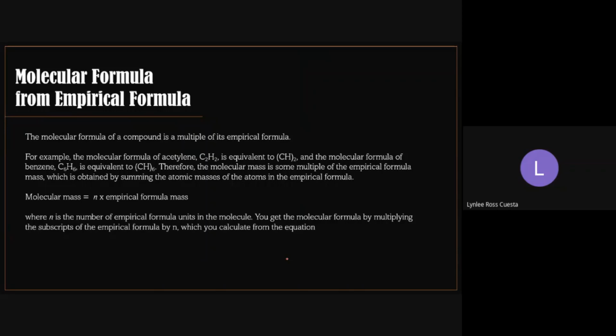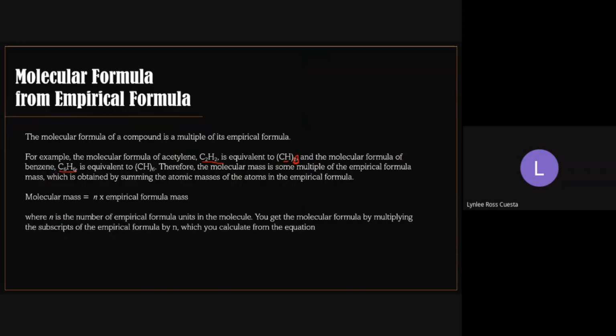So for example, the molecular formula of acetylene is C2H2. However, it is also equivalent to CH times 2. And another example is the molecular formula of benzene.